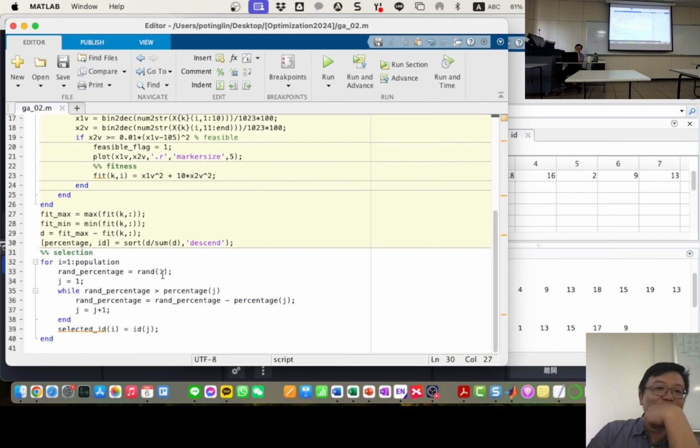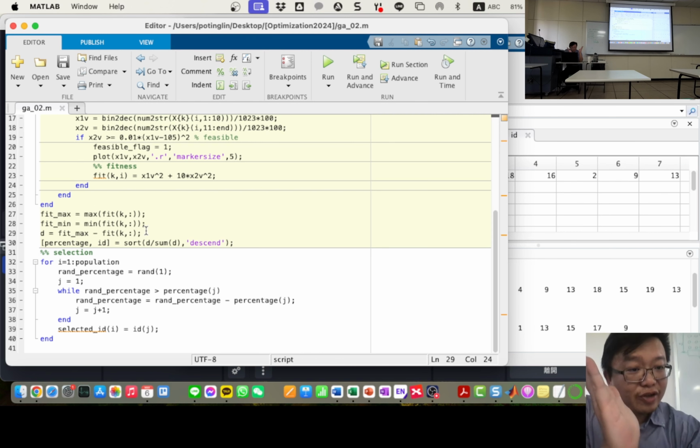So when you generate a pie, you want to generate greater percentage for the ones that have the better fitness, right? Now the percentage is based on this fitness value.